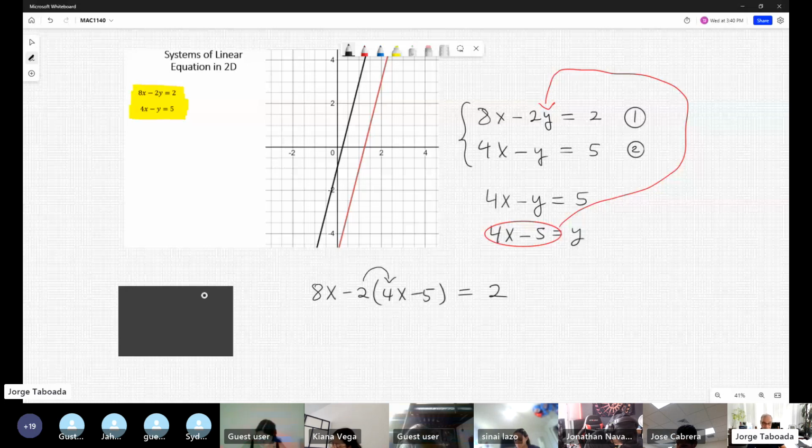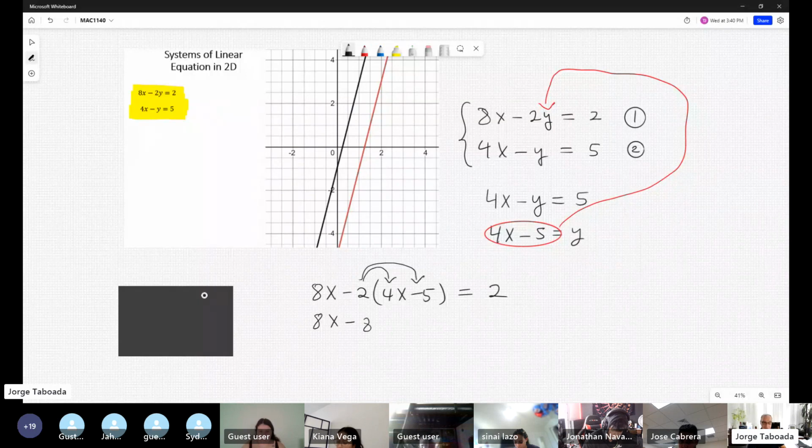Now the rest is baby algebra. You apply the distributive property. 8x minus 2 times 4x is 8x, and negative 2 times negative 5 is positive 10, equal to 10. And something we are happy about is that I saw a positive 8x and negative 8x, it cancels, it's 0. I try to do my best, however, I cannot solve for x.